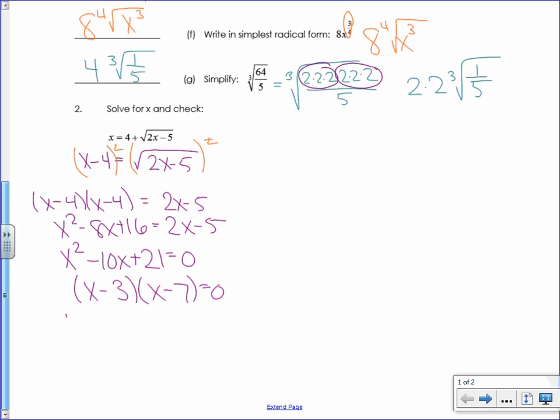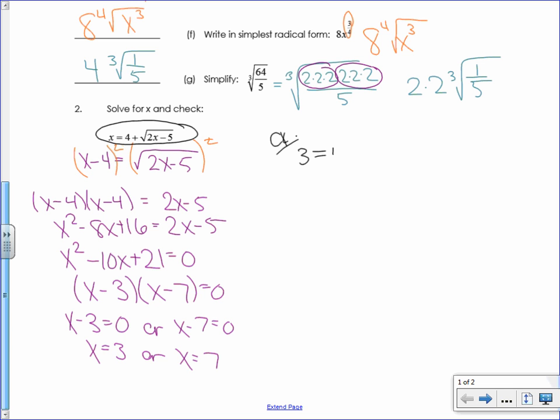The zero product property says that x minus 3 equals 0 or x minus 7 equals 0. So x equals 3 or x equals 7. But no, I am not done because you need to check. And whenever we check, we check in the original. I'll check 3 first.